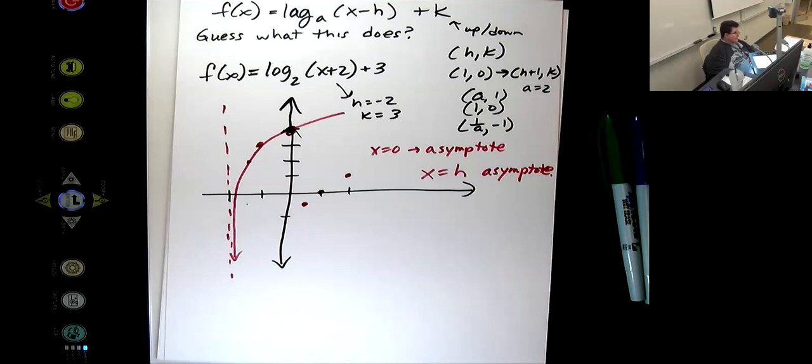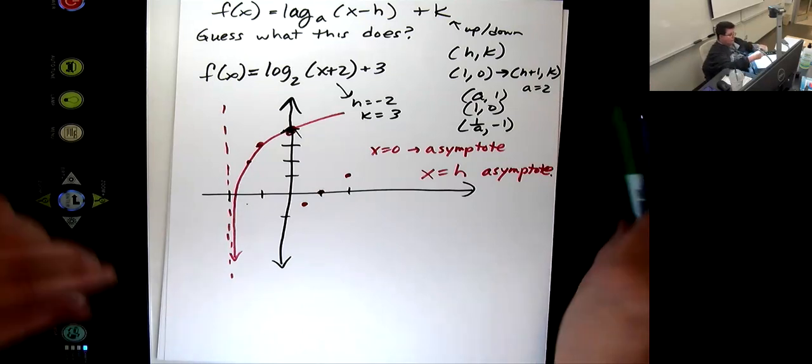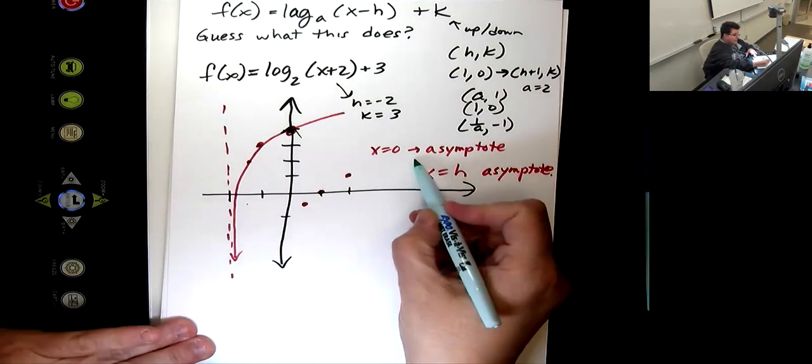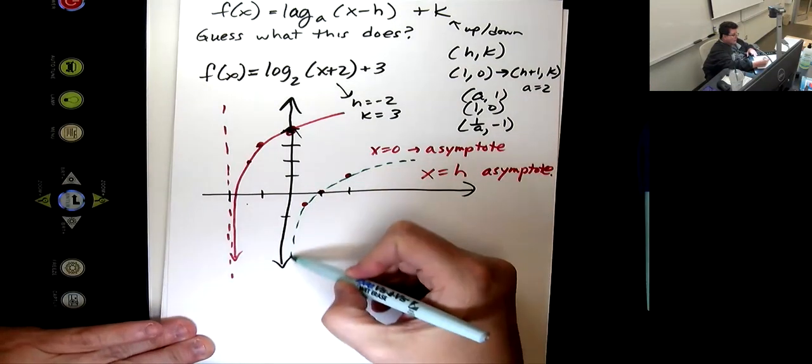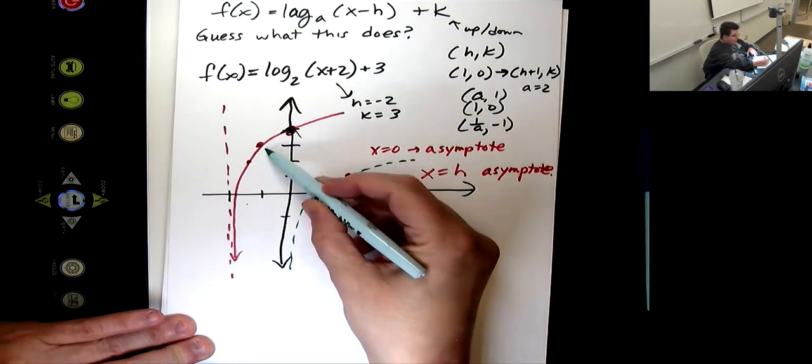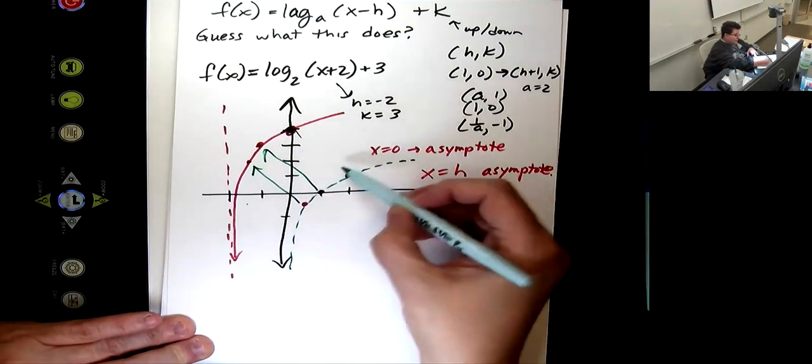So the h, k thing continues to do what it's always done. It shifts the entire graph by h, k. So this would have been like this, and they all shifted by -2, 3.